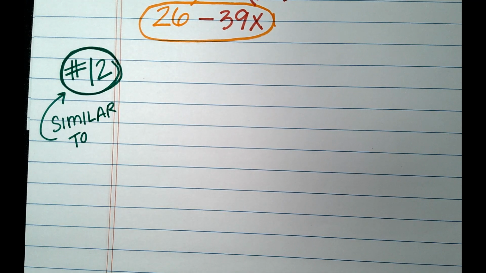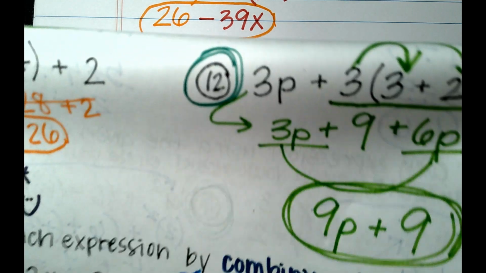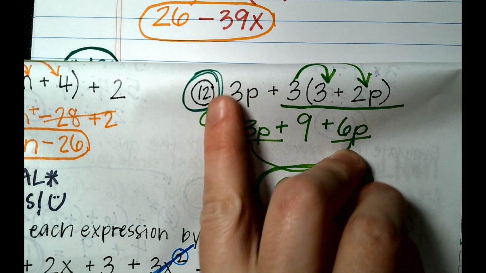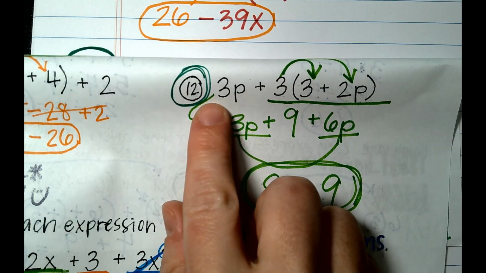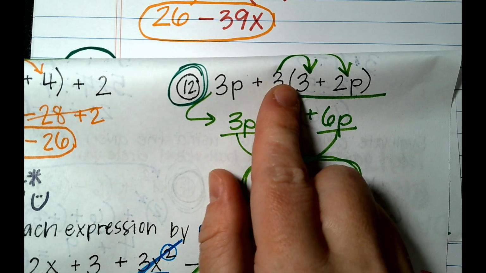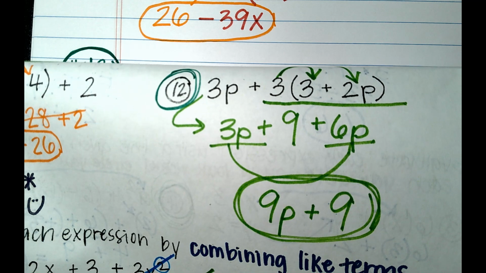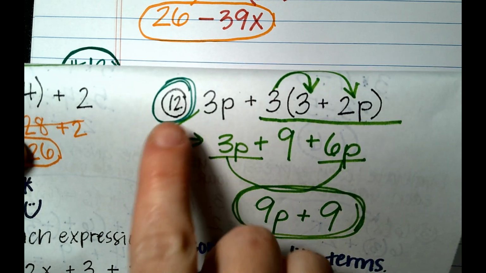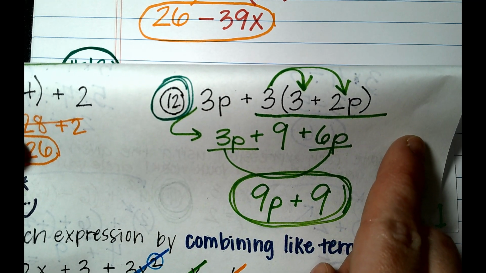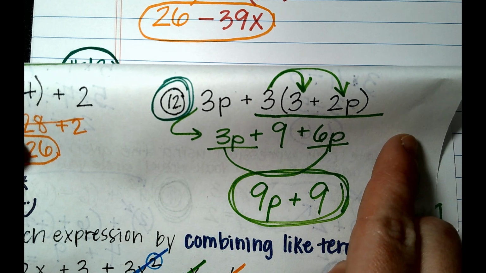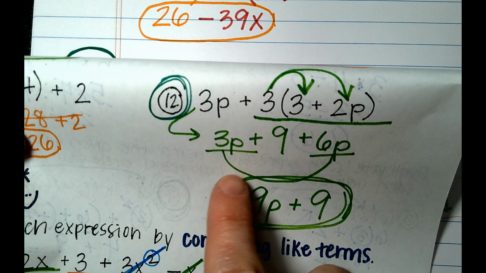All right, so number 12. This one I think is tricky because our problem is written a certain way. 3p plus 3 times 3 plus 2p, all of that multiplied. Our first instinct is to go from left to right, but we don't in this scenario because of the order of operations.